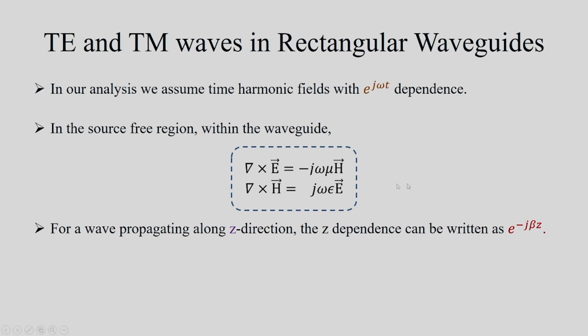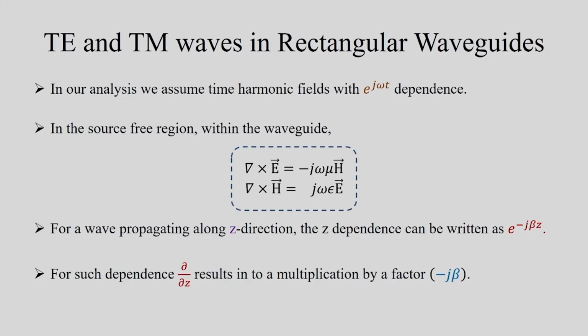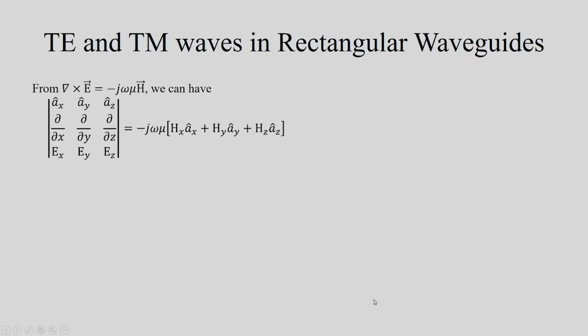We have seen that when we have this type of z dependence, it gives rise to a wave travelling in the plus z direction. And for such dependence, this derivative del del z essentially results in multiplication by a factor of minus j beta.